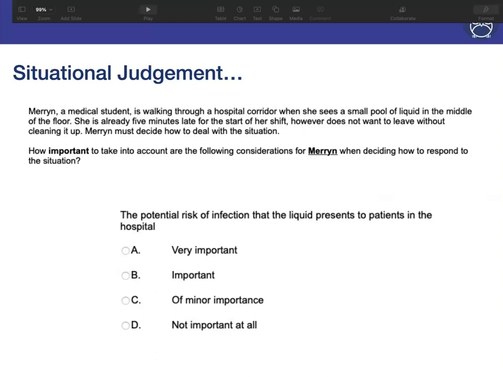So if you have a go at this, I'll give you a minute.